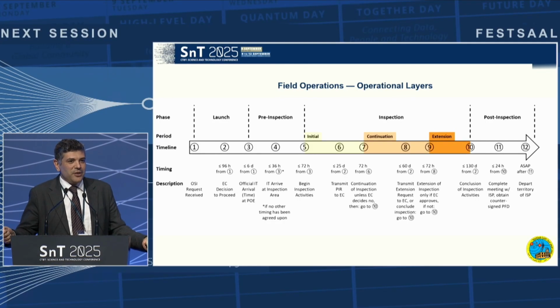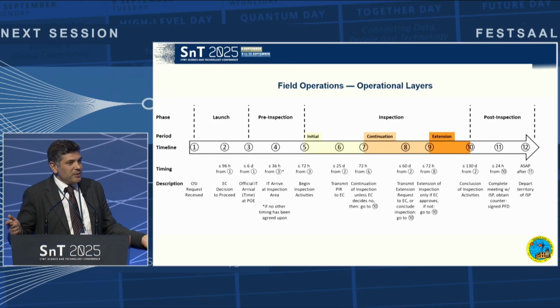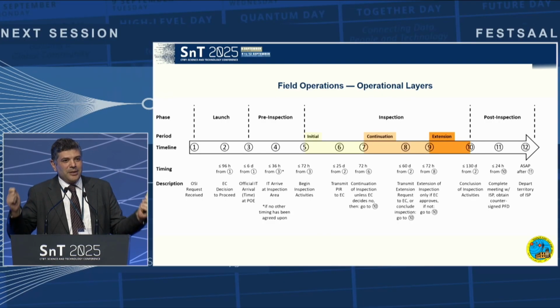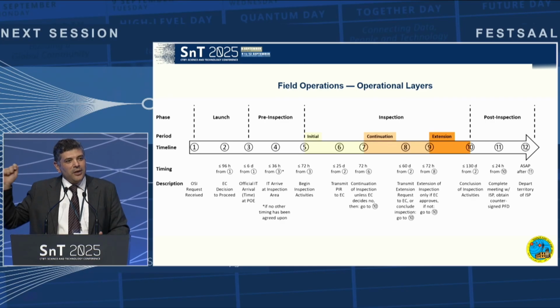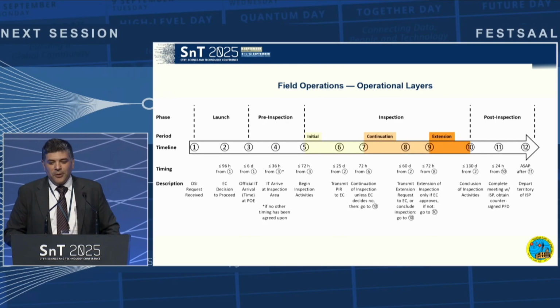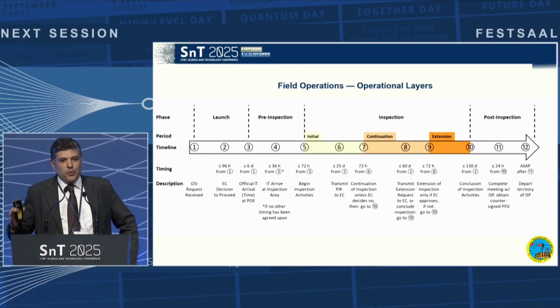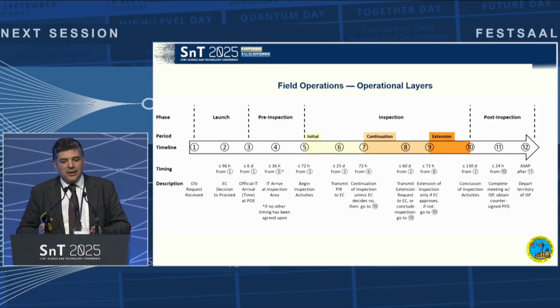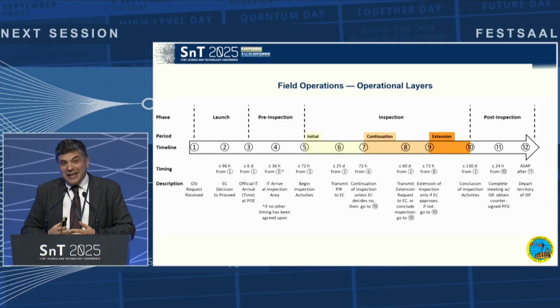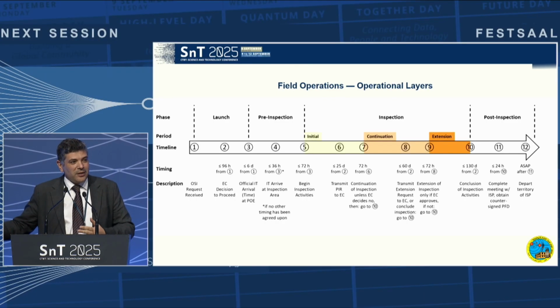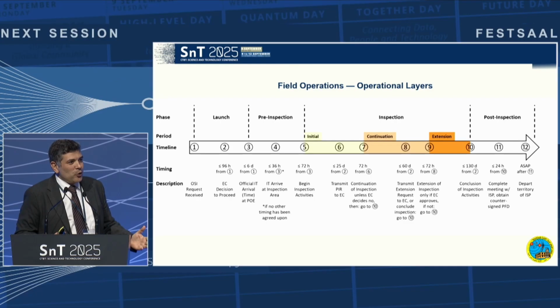They are in their countries doing their jobs, and you will ask them to join a possible inspection. You mobilize them either to Vienna or directly to the point of entry. And this process with this very tight timeline has to continue. It can extend up to 130 days, which is a very short time to do a lot of things.